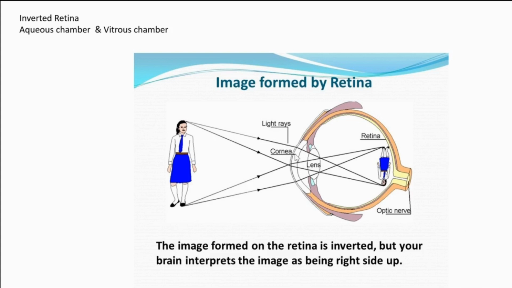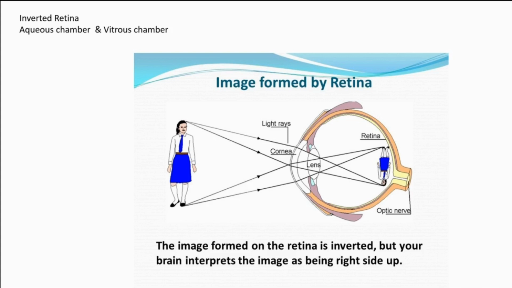It is present between the lens and the cornea, and beyond the lens there is another big chamber called the vitreous chamber. The aqueous chamber is filled with aqueous humor, and the vitreous chamber is filled with vitreous humor.